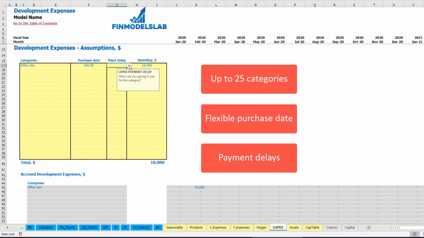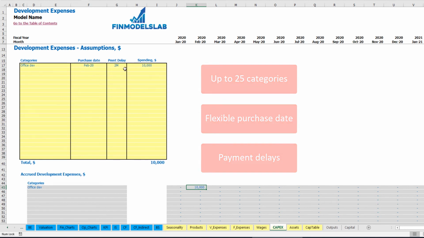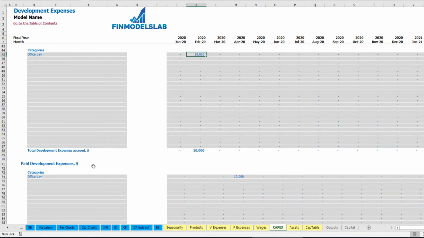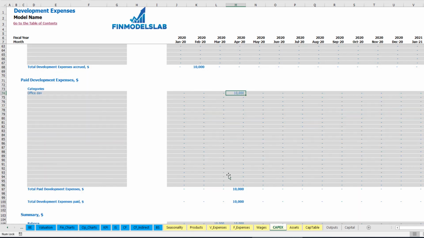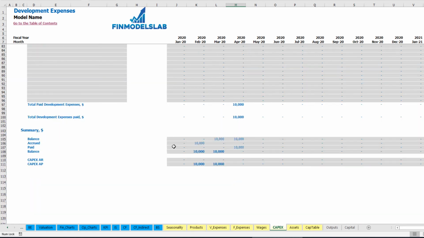What does it mean? Let me set up 2 months for example. It means that this amount will be accrued in February because the purchase date is February, but paid development expenses will be in April 20 for this office development. And you will have some balance of CAPEX accounts payable for 2 months.